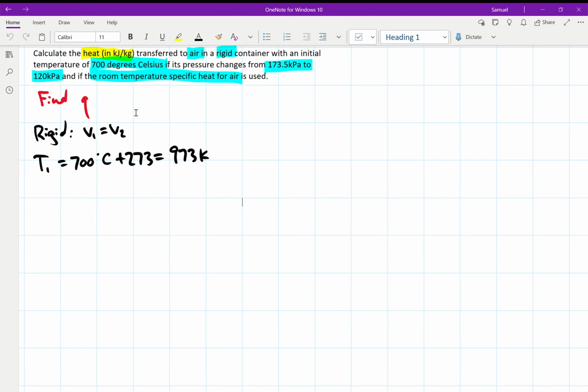Similarly, we were told an initial pressure of 173.5 kilopascals. Later on, we're going to need this in megapascals, so I'll divide by 1,000 and get 0.1735 megapascals. Similarly, our final pressure can be written as 0.120 megapascals.